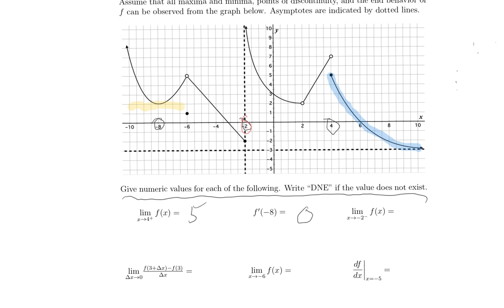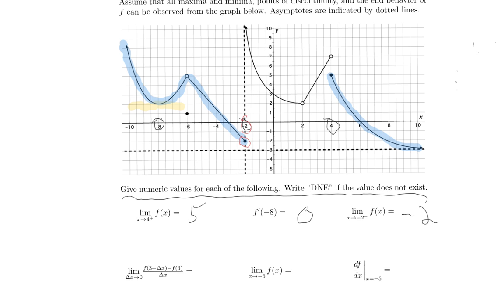So we're going to do something similar to the first problem, but approach from the left, which means we go along this curve and follow it until we get to -2. When we do that, we end up stopping right here, which is also -2. Thus, -2 is our answer.